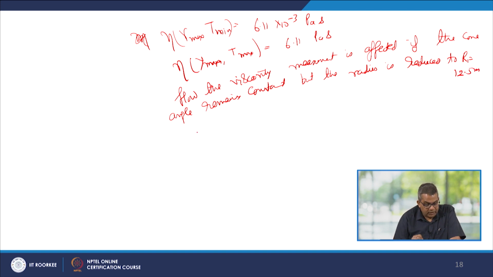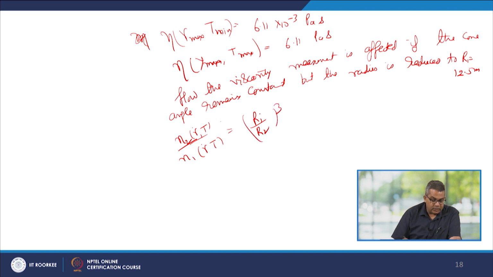So reducing the radius by half to 12.5 mm means shifting the viscosity to higher values. So according to eta 2 (gamma dot, T) over eta 1 (gamma dot, T) is equal to R1 over R2 cube. The shear rate range stays constant because it is unaffected by the radius.